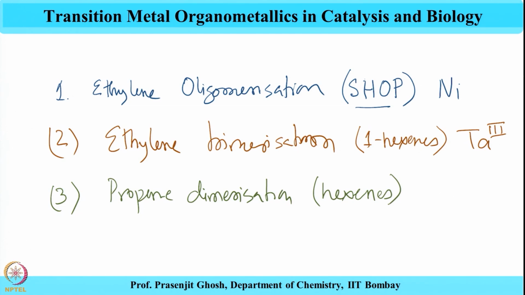These branched hexenes, when hydrogenated, give a high quality petrol of very high anti-knocking attributes, and this also uses a nickel catalyst for carrying out such kind of transformation.